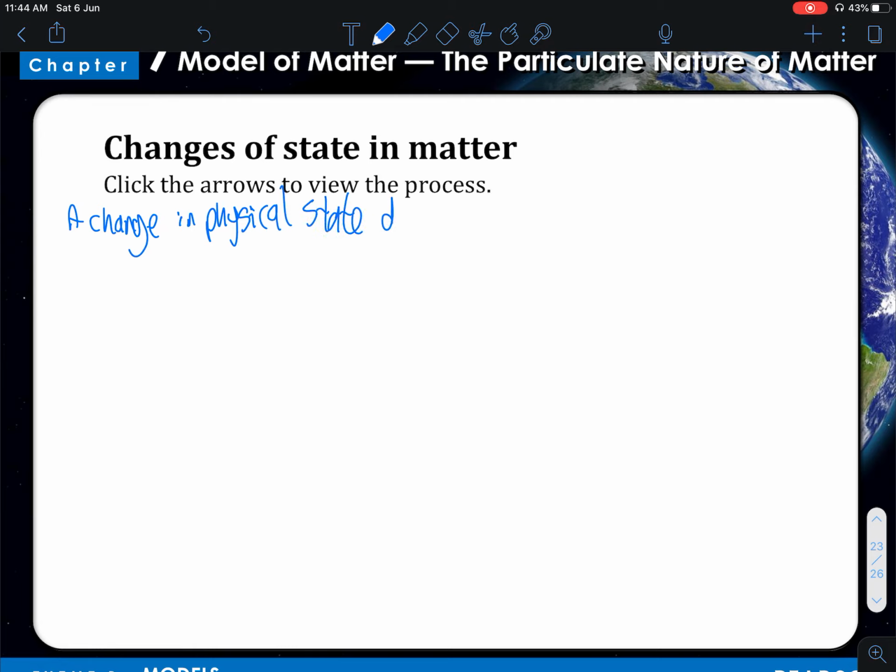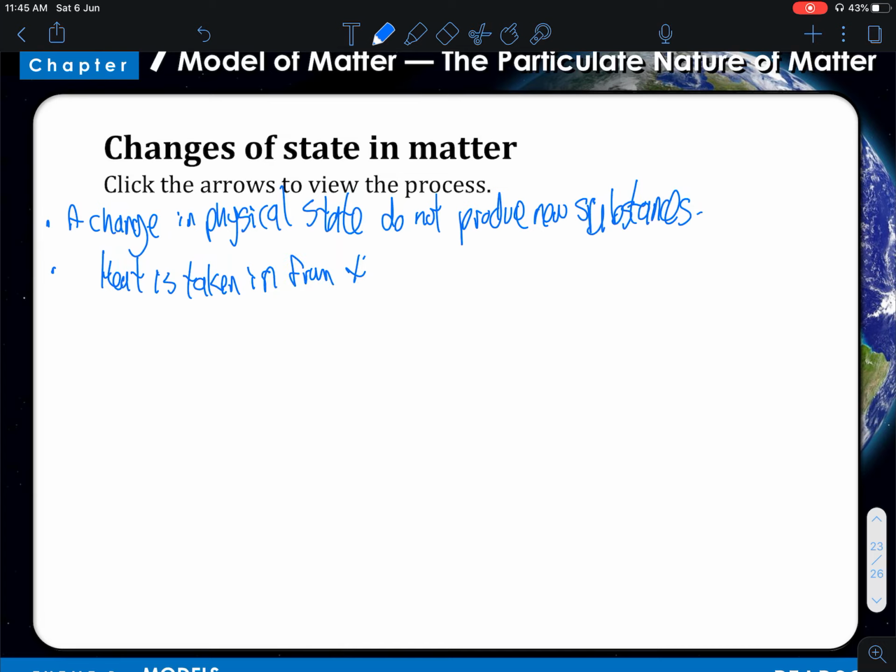Okay, they do not produce new substance. And what is actually happening is basically heat is taken in from the surrounding.